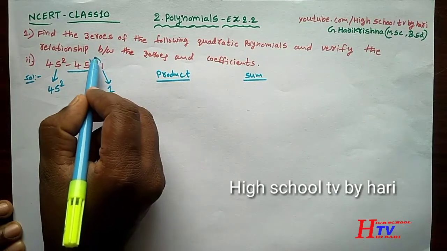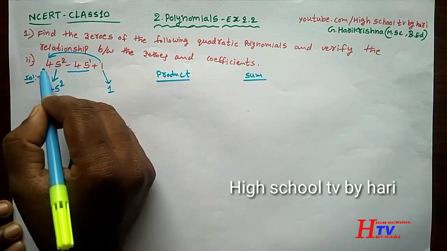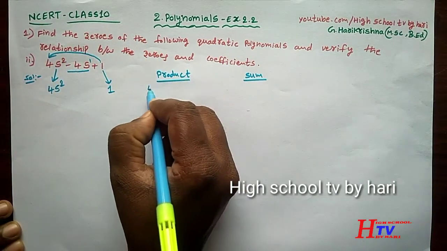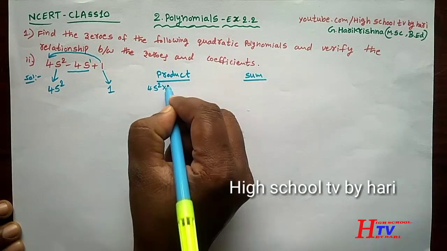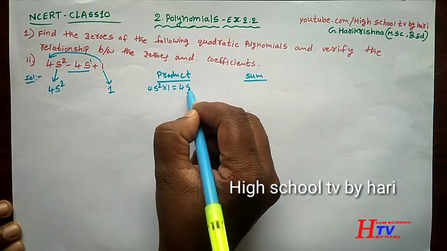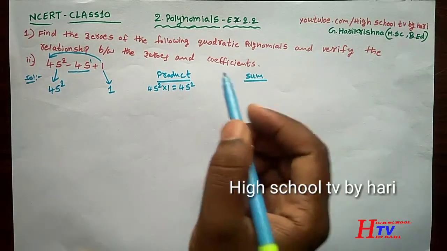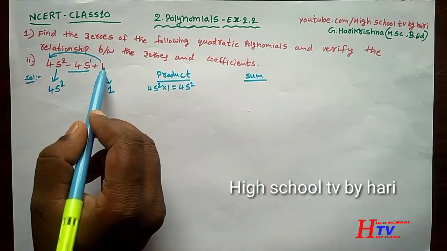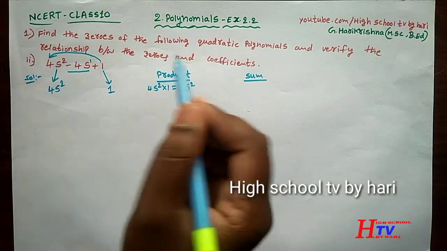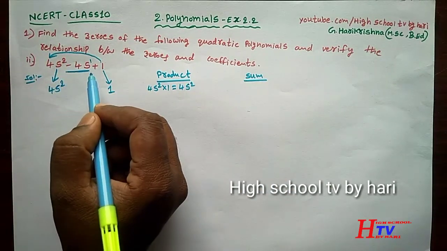Multiply the constant term into the first term: 4s square into 1 is 4s square. It is the product. We have to find two integers whose product is 4s square and whose sum is the middle term, minus 4s.